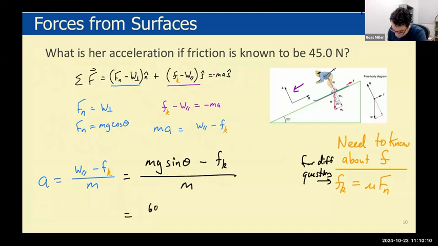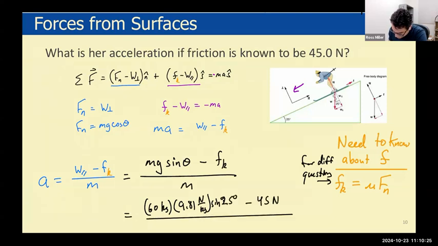So I have 60 kilograms times 9.81 newtons per kilogram, sine of 25, minus 45 newtons, divided by 60 kilograms.